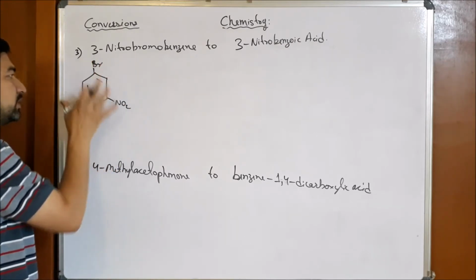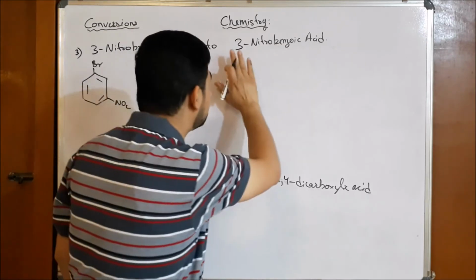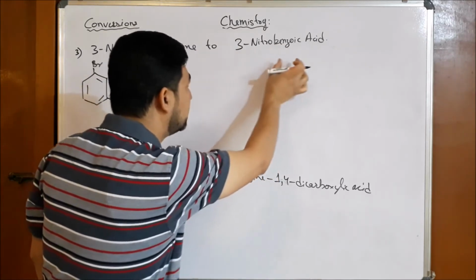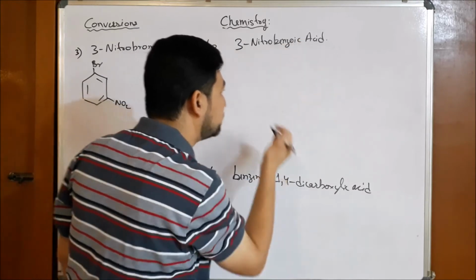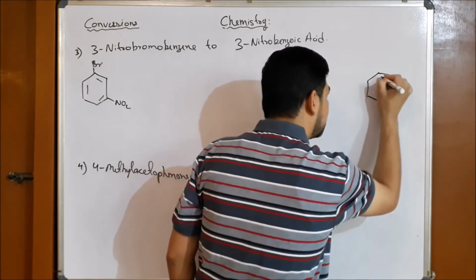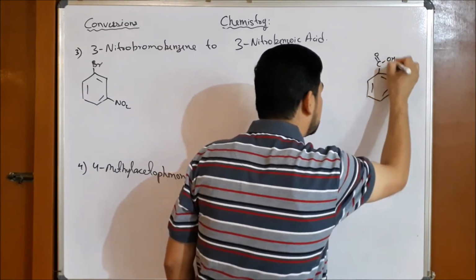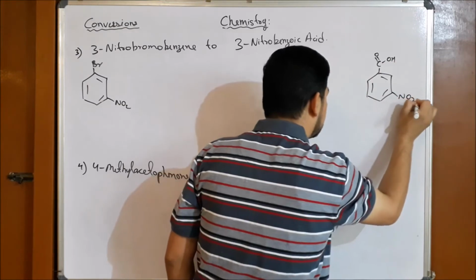That is 3-nitrobromobenzene. And our product is benzoic acid, so it's 3-nitrobenzoic acid. We know benzoic acid is benzene with COOH, and the nitro group is as it is.